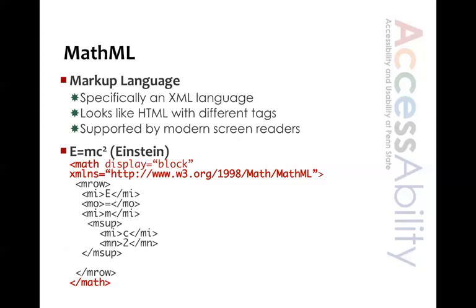LaTeX is a little trickier. But already you can see one reason people don't just code in MathML: it's a lot more complicated. This is E equals MC squared. It took one line in LaTeX, MC caret 2. This is like 10 rows or something like that. Not quite, but close enough.